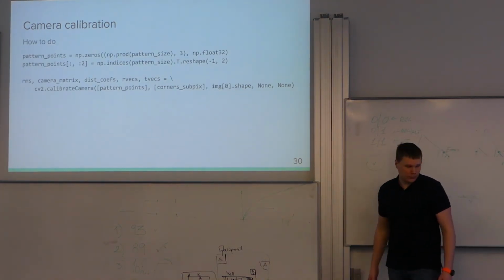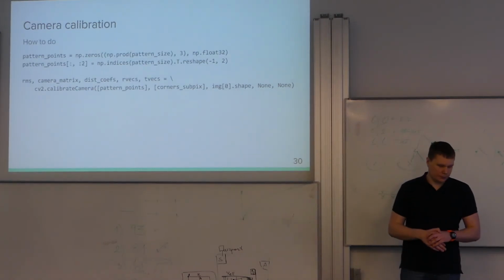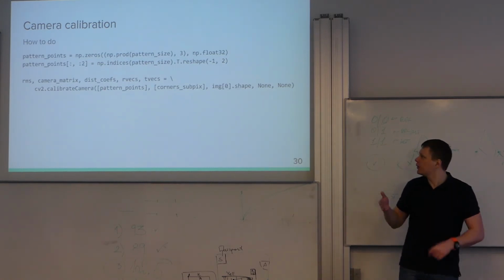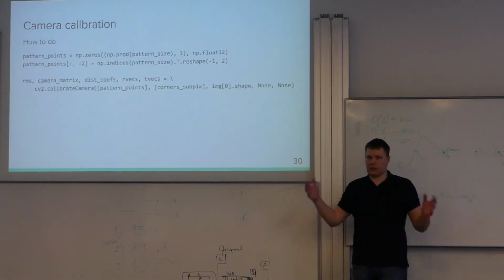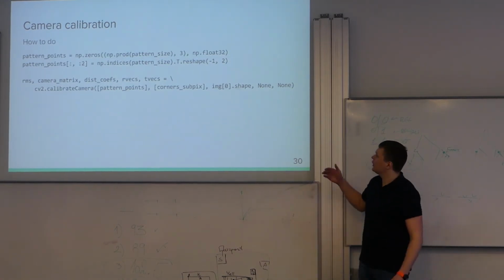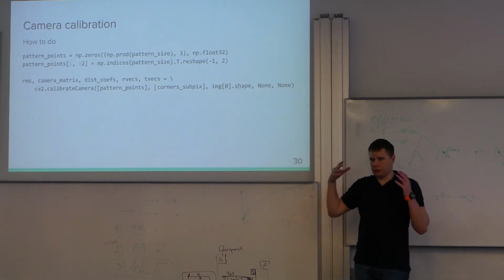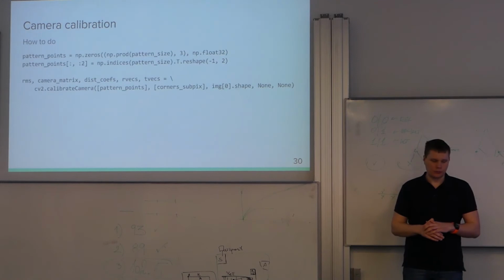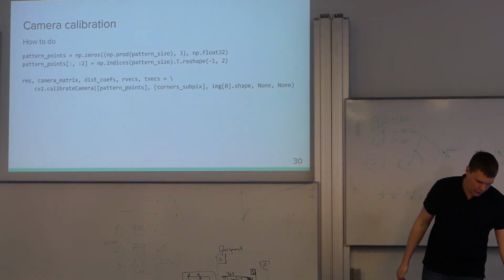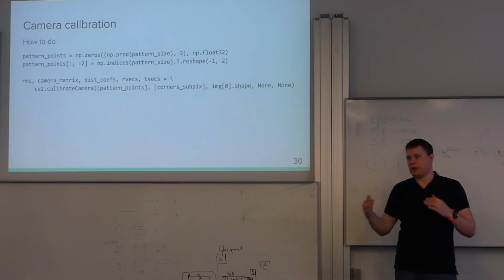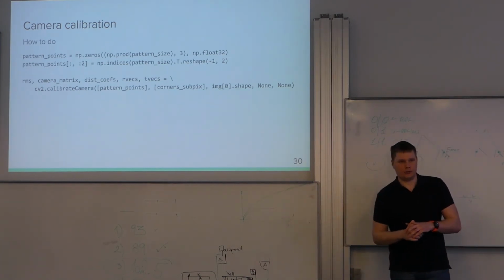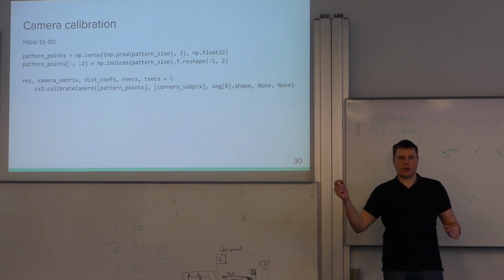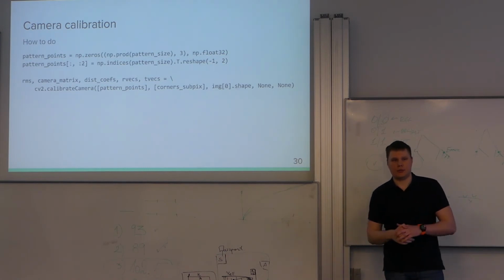And the final step, we need to solve the optimization problem. It can be done with cv2.calibrateCamera. It takes all these parameters: our list of points for all images, and our list of found corners. As you can see, the first two lines are about 3D object points. What does it mean? We set these points in the object's local coordinate system.